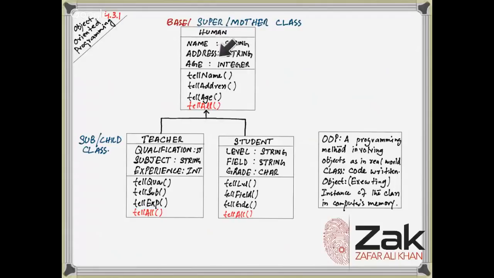Remember, this data and this code are grouped together as a single unit. If it is written code, it is called a class. If the instance of the class is loaded in the computer's memory, it is called an object. So this is the class name or identifier.